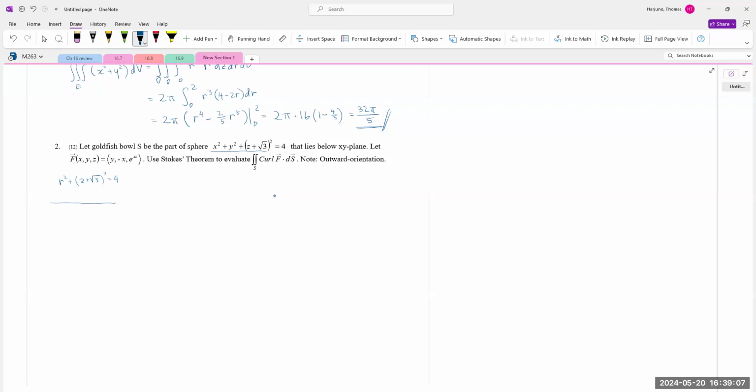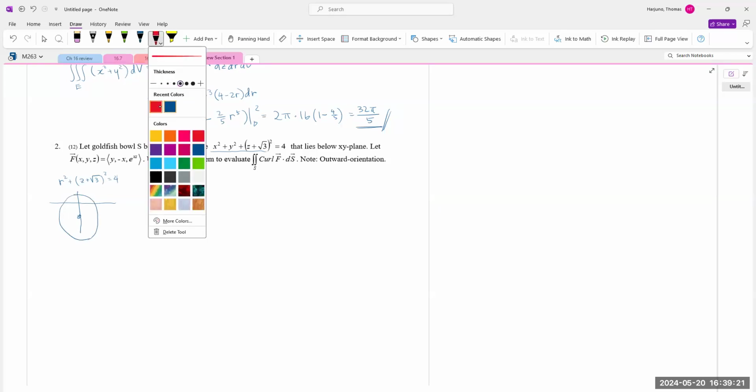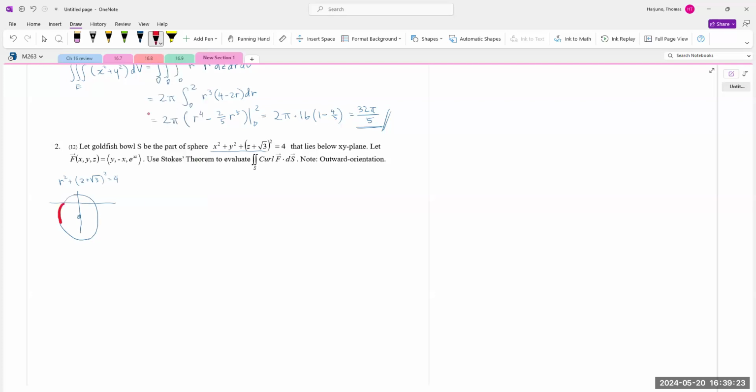So the center is (0, 0, negative root 3) with radius 2. I believe the bowl is actually this one. That's the bowl, that's the fishbowl.